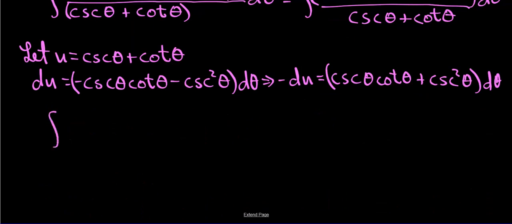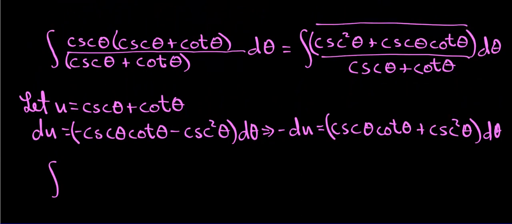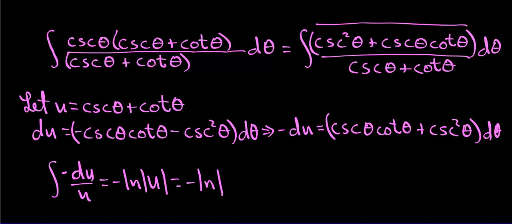So what we have is negative du over u, and that's negative log u, which is negative log, what was it, cosecant theta plus cotangent theta.